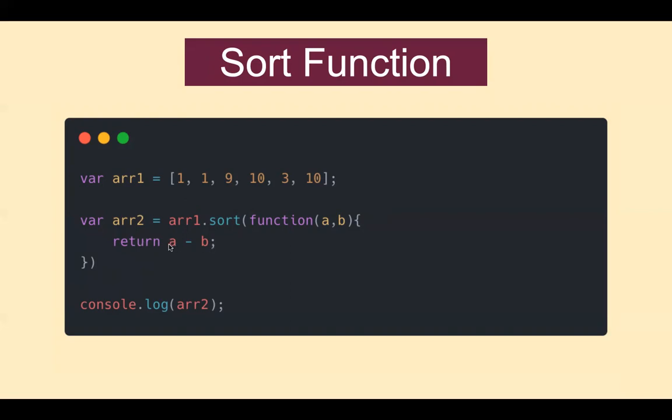So I'm using a minus b. If a is greater than b, a minus b will be a positive value. If a is less than b, a minus b will be a negative value. And if a is equal to b, then it will be 0. So it uses these to sort the elements. So the resultant array will be 1, 1, 3, 9, 10, 10.